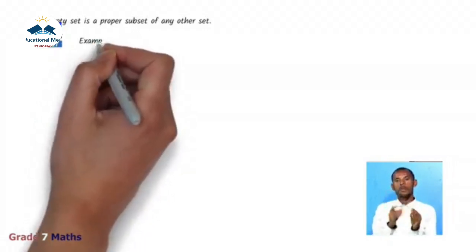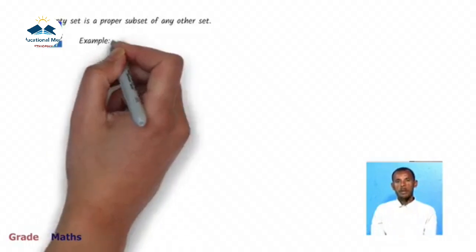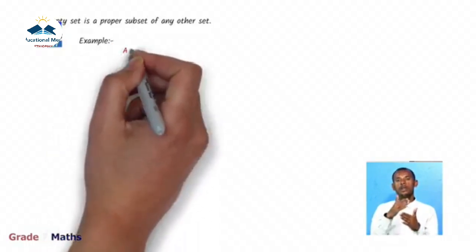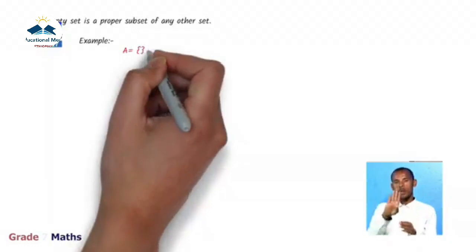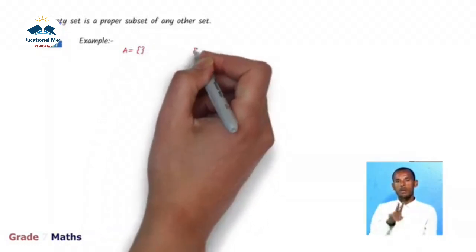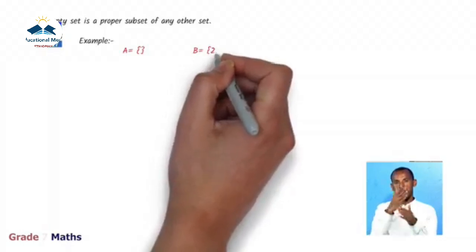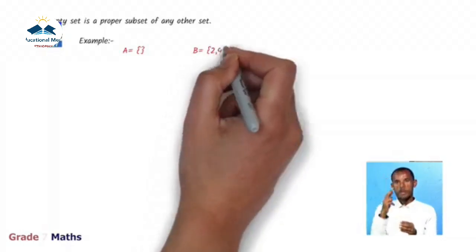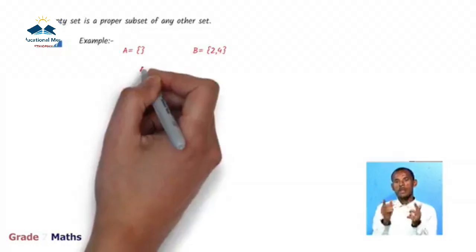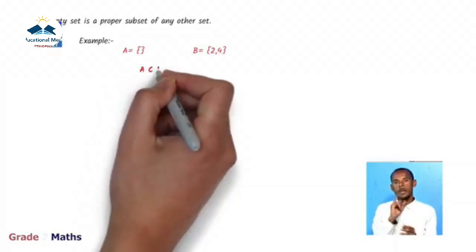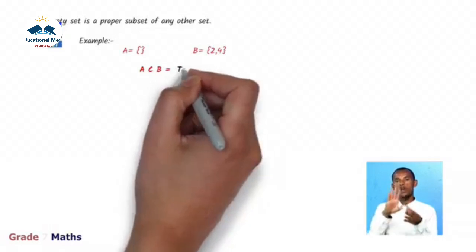So here, if you take this example, set A is empty and set B is any other set, say 2, 4. Is A a proper subset of B? Yes, because we said the empty set is a subset of any set, and the second set has more elements than the first. Because of this, this is a true statement.